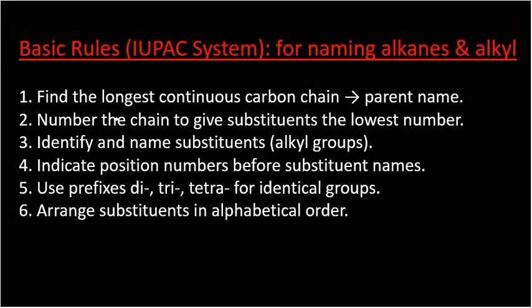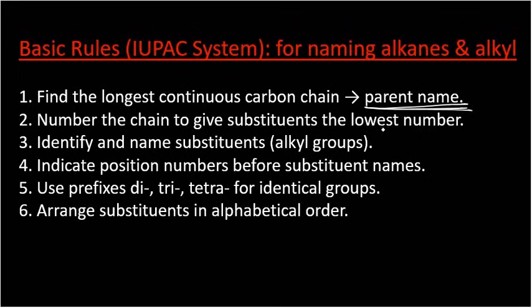The first thing that you do is find the longest continuous carbon chain. When you find the longest continuous carbon chain, that is referred to as what we call the parent name.